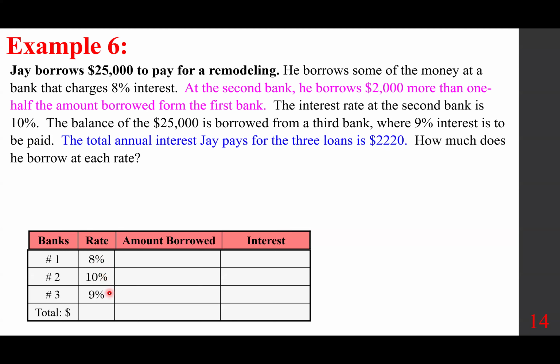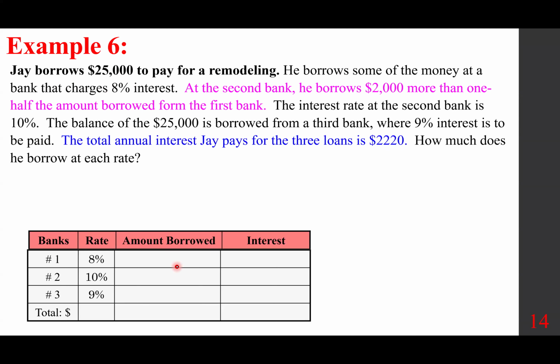Bank number three is 9%. So 8%, 10%, and 9%. The 8%, okay, we don't know any of those amounts, okay?